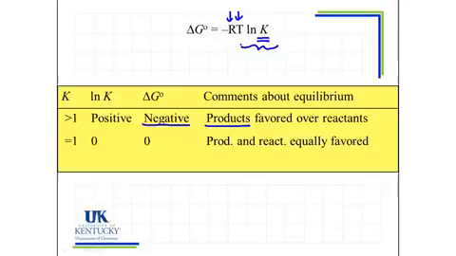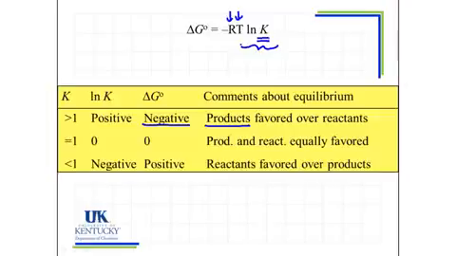If K were equal to 1, natural log of K is 0 and delta G standard is 0, that means this reaction is already at equilibrium and the products and the reactants are equally favored. If K is less than 1, let's consider this. If this is less than 1, then this is going to be negative.